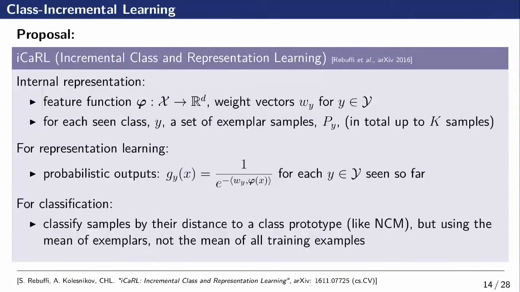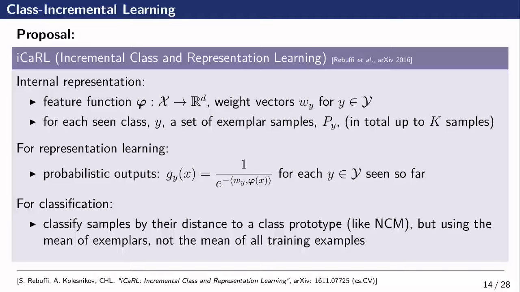And then we have to deal with the fact that, well, there are more training examples. We will have to do some selection of samples. We will still have some kind of output layer, but we will only use it for representation learning, not for classification. And for classification, we will do something very similar to the nearest class mean, but it's not the mean of the training examples, but just the mean of the exemplars.